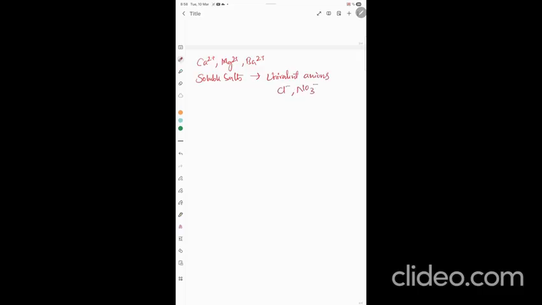They form insoluble salts with either divalent or trivalent anions. What are examples of divalent and trivalent? SO4 2 minus is divalent, CO3 2 minus is divalent, whereas PO4 3 minus is a trivalent anion.